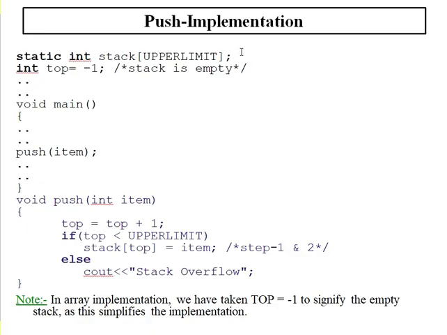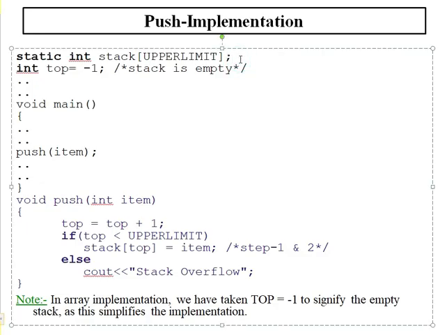So this is a declaration, the declaration of the array as static, representing the stack. And here the top is initialized with -1 to indicate that currently the stack is empty.